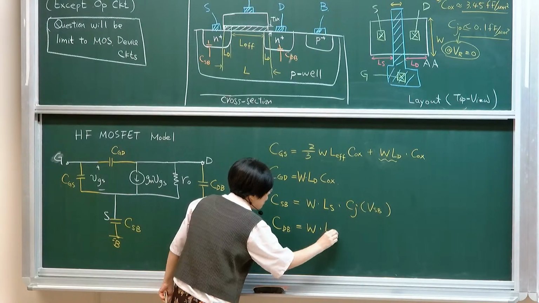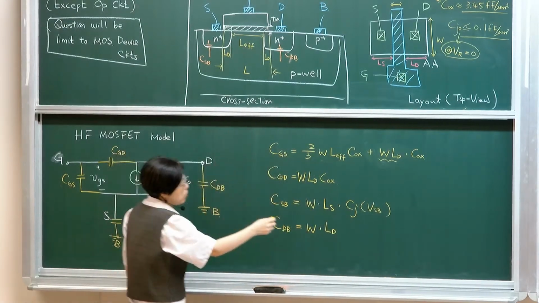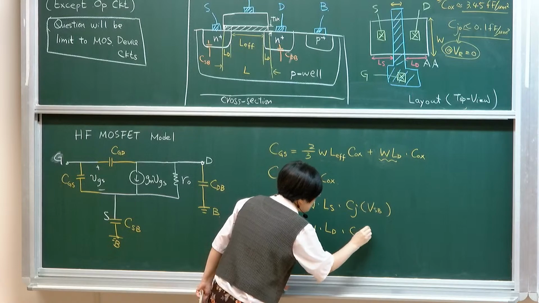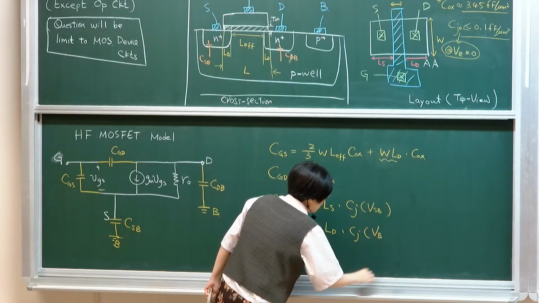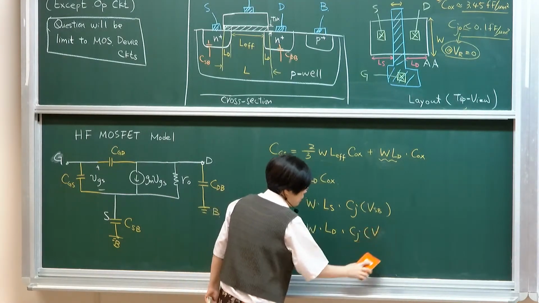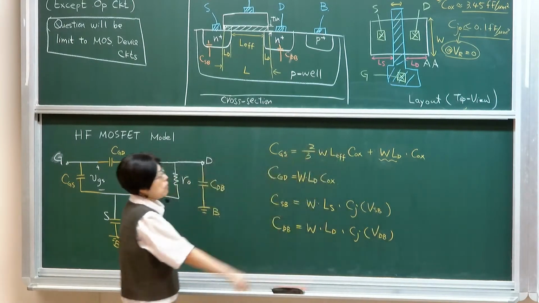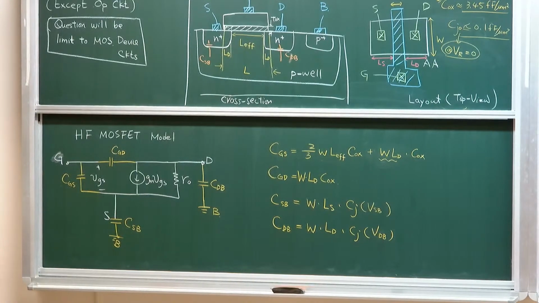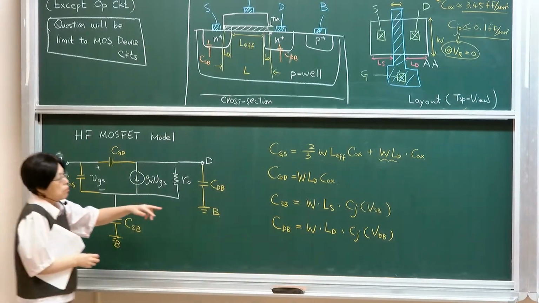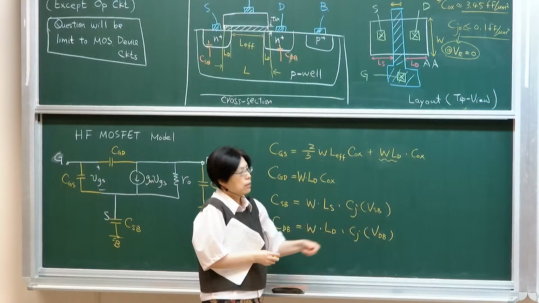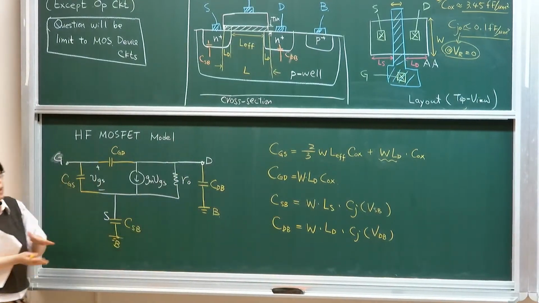It will be the area of your diffusion area times your junction capacitance, and it's also a function of drain to body bias. The highest you can go is CJ0, because it drops as you increase the potential, the bias. The more depletion, the capacitance becomes smaller.